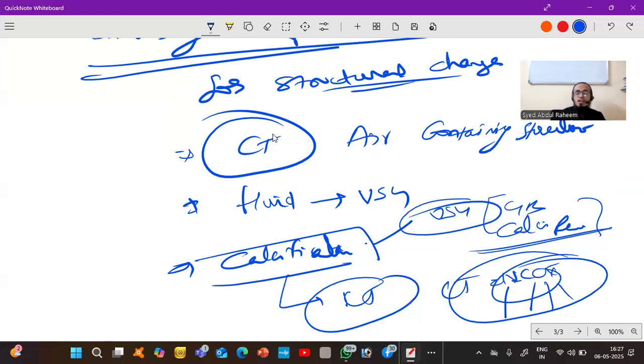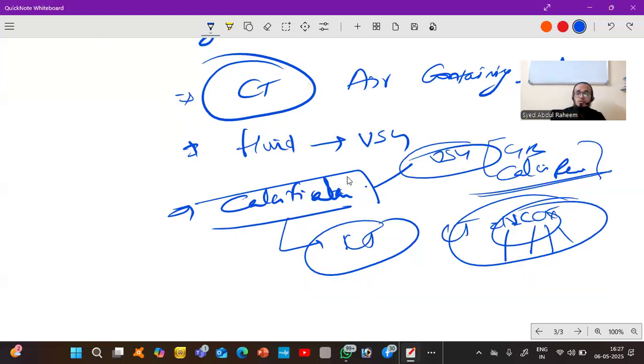So for air-containing problems, you need CT or NCCT. Fluid: if you want to know whether there is any fluid accumulation, go through ultrasonography. Calcification, like a stone: if you want to know the size of the stone and its exact place, you go to USG.